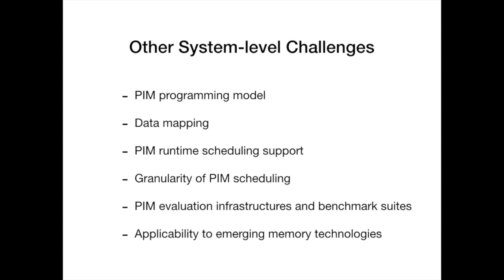PIM could take advantage of these technologies' huge capacity and very high internal bandwidth. PIM may also be useful in a single-level store where multiple memory types are presented to the system as a single monolithic memory.